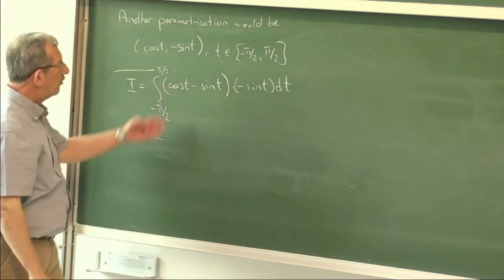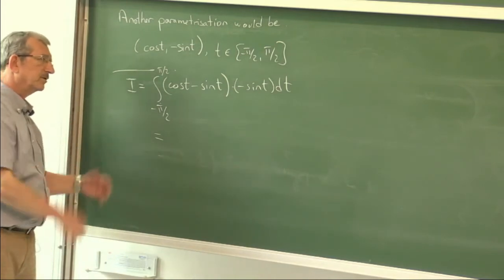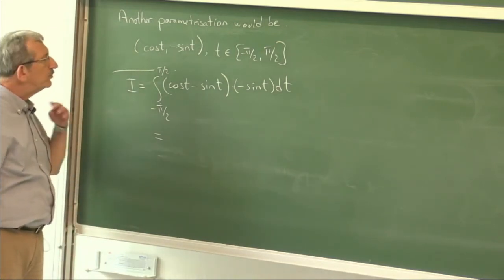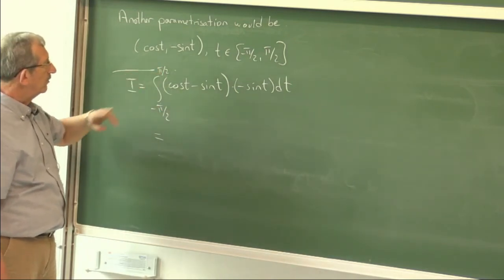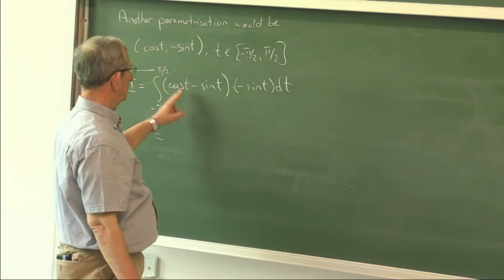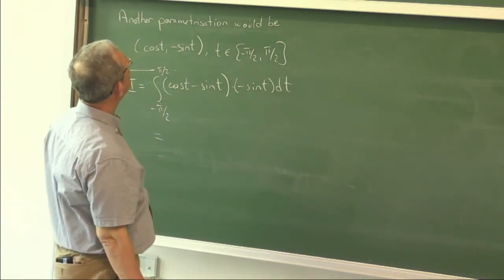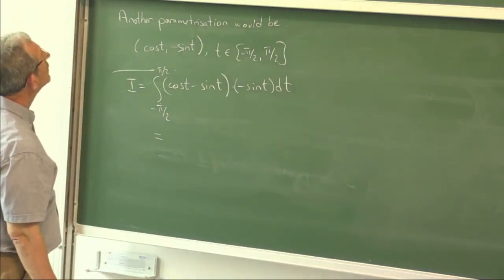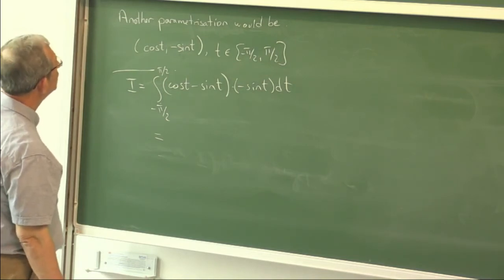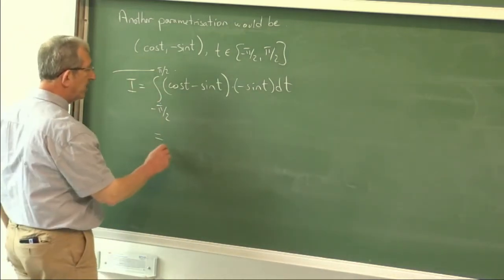Of course, as before, we have the cosine t sine t product giving us an integral of cosine 2t, and cosine 2t at pi over 2 or minus pi over 2 has the same value, so it gives us 0 again.